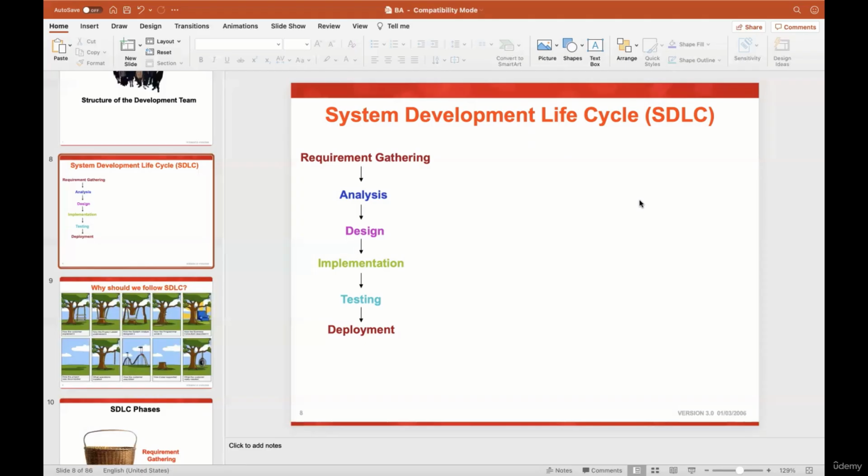So if you have to work on any IT project, these are the steps you take in this order to complete the project.